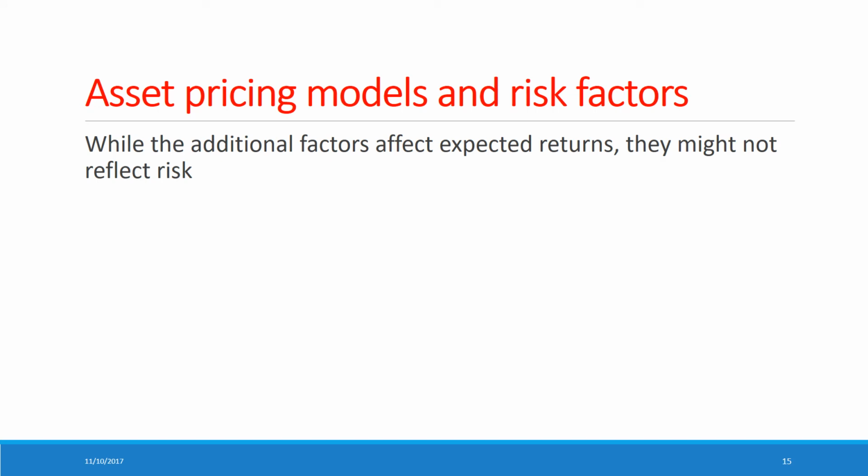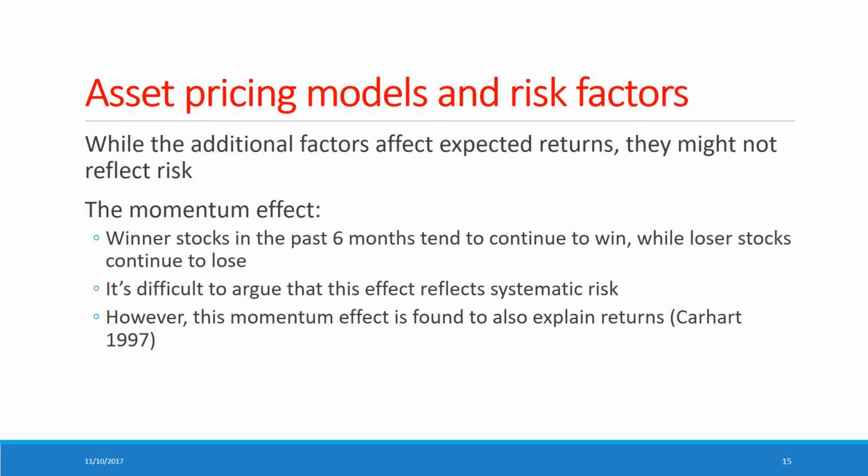Later studies argue that even though the additional risk factors, so multi-factor asset pricing models, appear to be able to explain returns, they might not be consistent with the systematic risk argument, right?